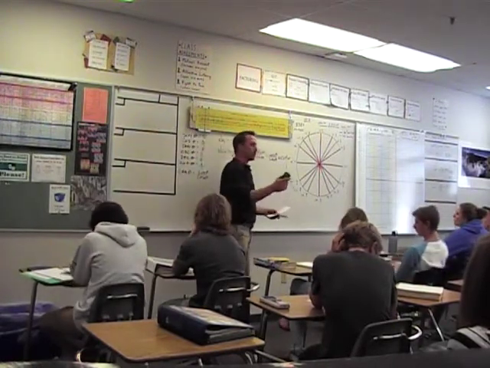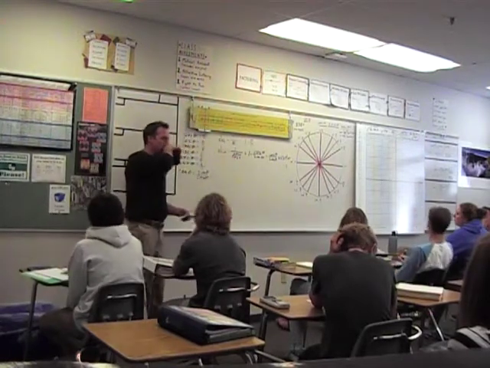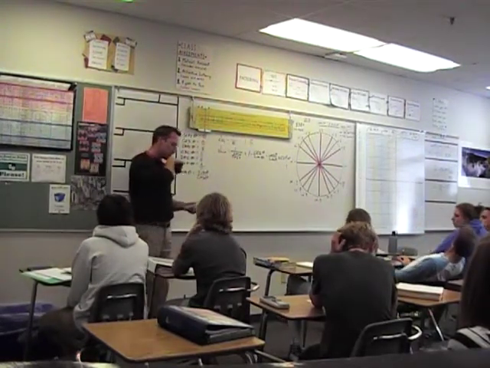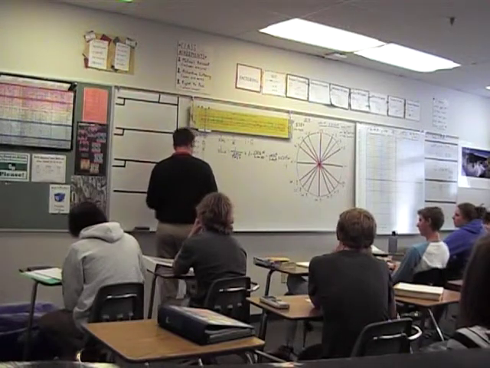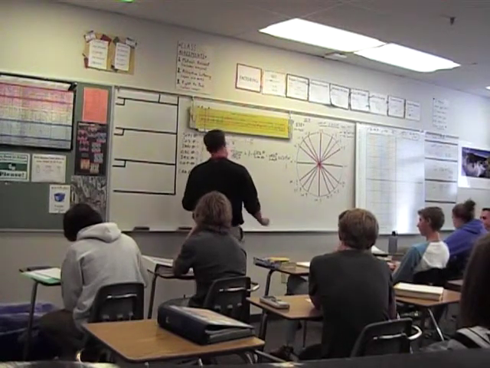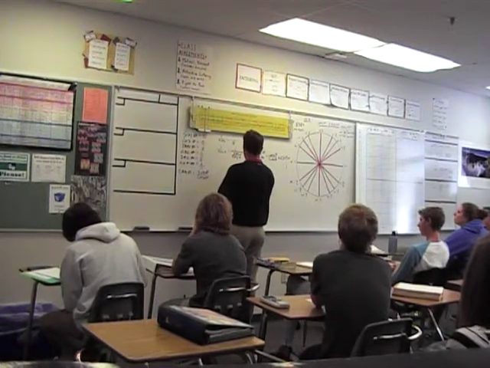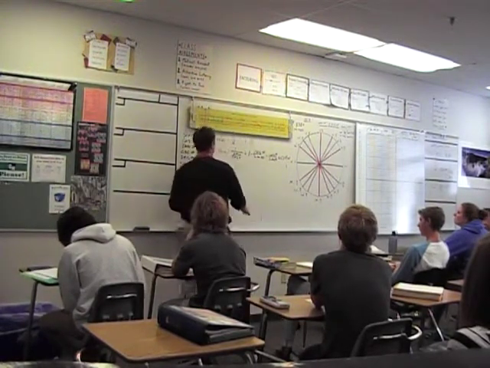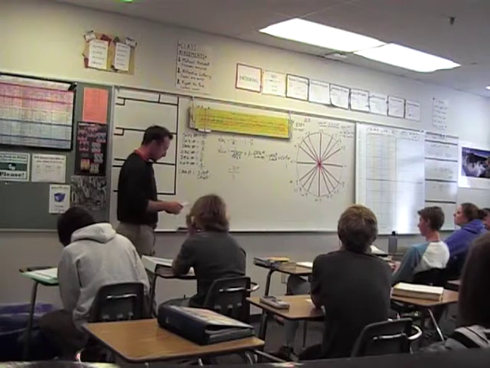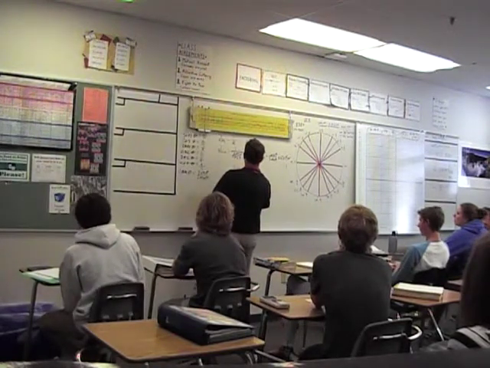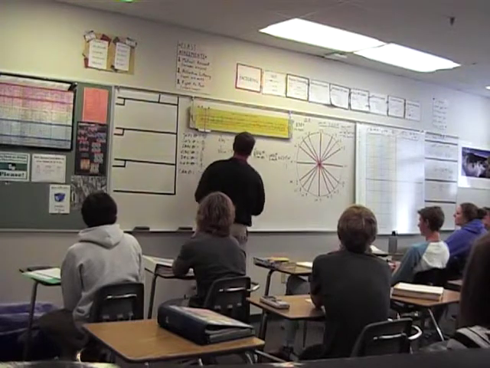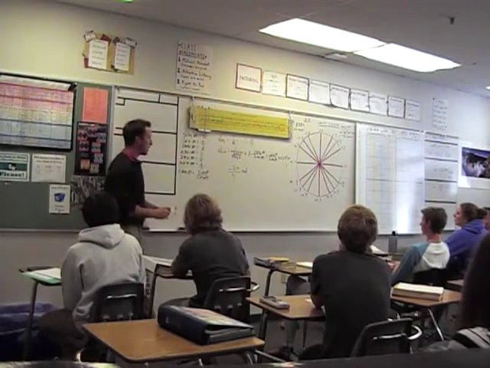Really quickly, this is going back to last time. How do I convert radians to degrees? Remember that? Pi over 180. If I have negative 3 pi over 4, is this a degree measurement or a radian measurement? It's a radian, right? So I want to change this to a degree measurement.